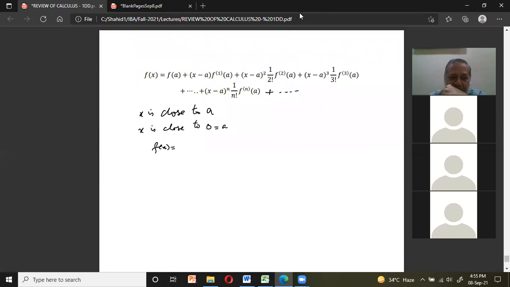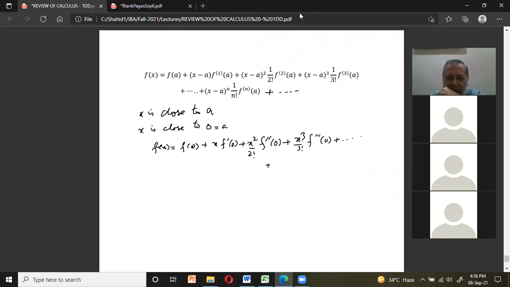So this will become f(x) is equal to f(0) plus (x minus 0), that is x, f prime at 0, plus (x minus a) whole square, that is (x minus 0) whole square, that is x square, upon 2 factorial, f second derivative at 0, plus (x minus 0) whole cube divided by 3 factorial, f third derivative at 0, and so on.